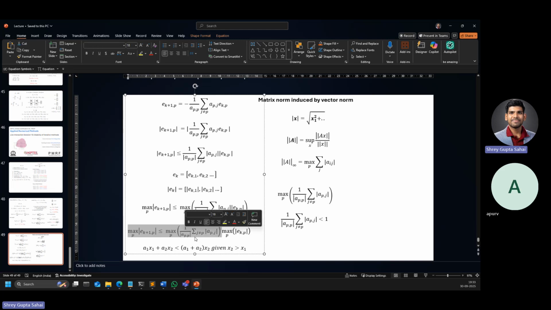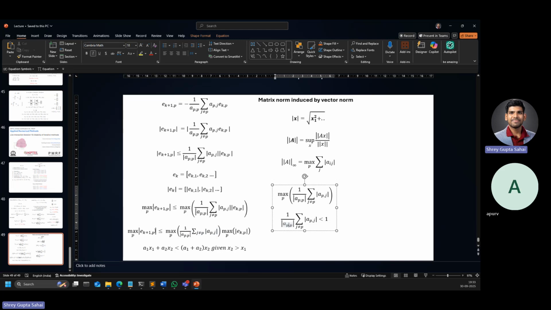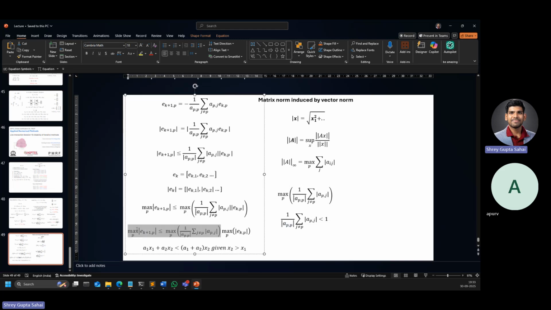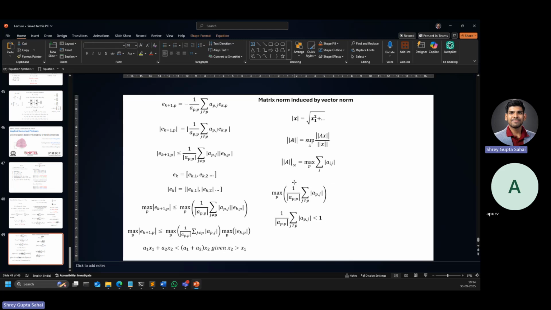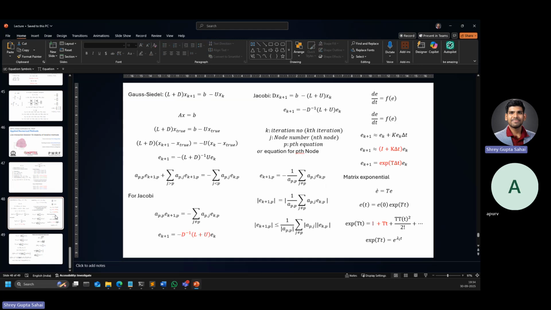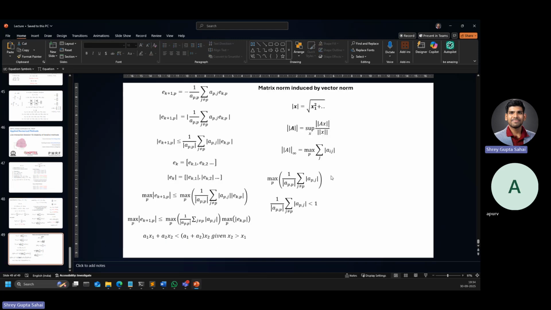Now, if this is less than 1, we are certain that this maximum component will keep on decreasing, and that's why the solution will converge. But because this is not an exhaustive proof, the Scarborough criteria is not a sufficient criterion. That's why in a lot of iteration schemes, methods, or situations, the Scarborough criteria is not satisfied and still you get convergence. So it's a conservative criterion.